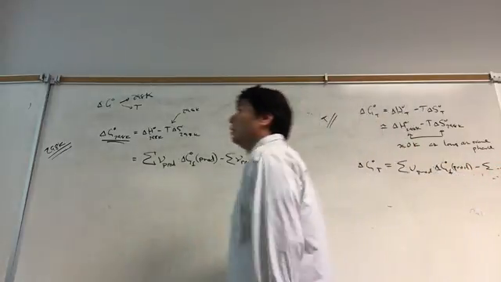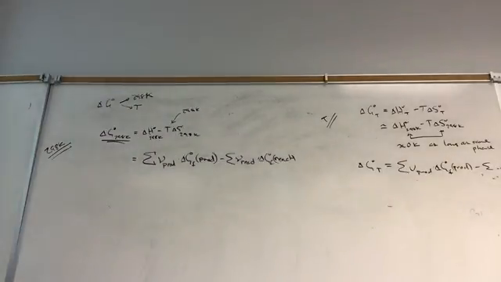Will this work? Yes, this will work, except we need to know the delta G's of formation at temperature T. Do we have the delta G's of formation at temperature T? We don't. We have the delta G's of formation at 298 Kelvin, which is in Appendix D.